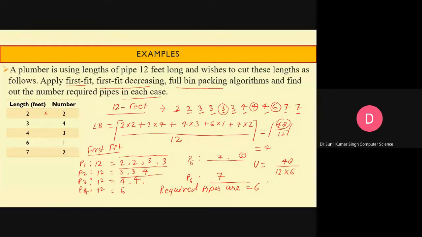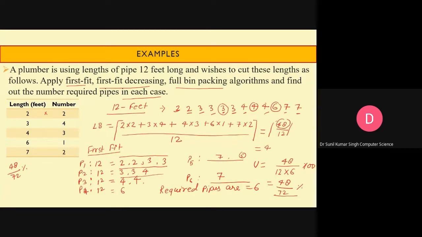Yes, 12 into 6, that is 72. So 48 divided by 72. Whatever the value comes, that will be the utilization. So just note it down here. Maybe, for avoiding the calculation, simply write it down.